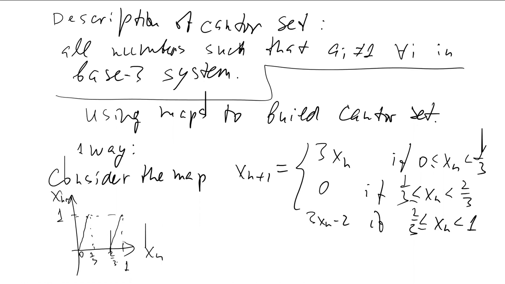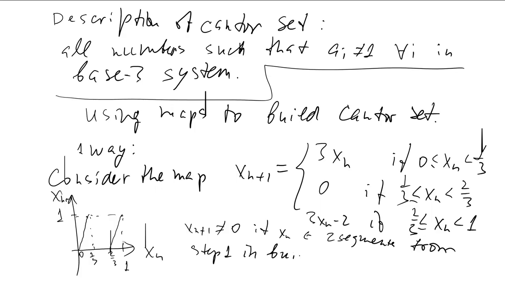So what we see is that x_{n+1} is not equal to 0 if x_n belongs to the 2 segments from step 1 in building the Cantor set.